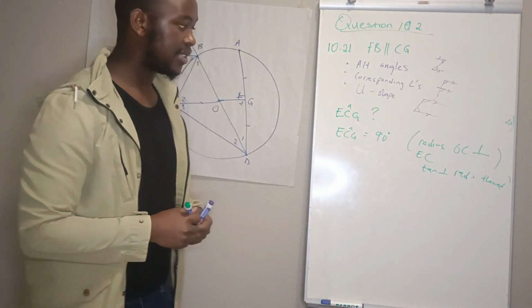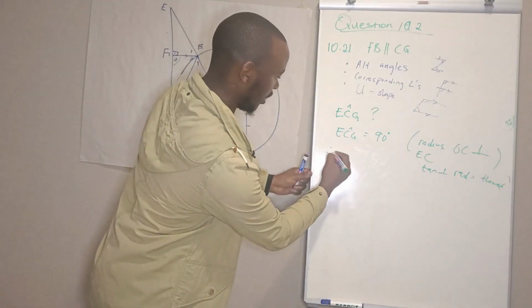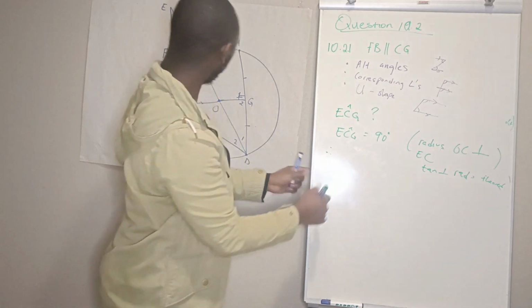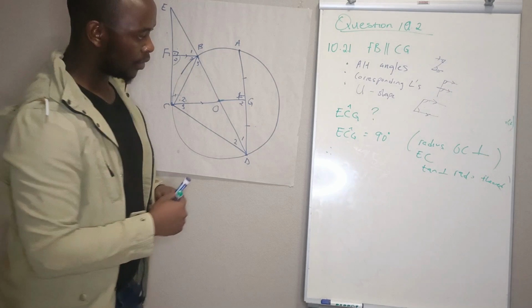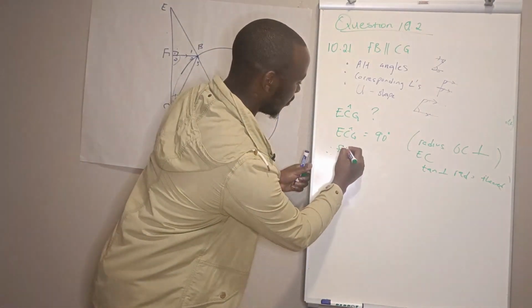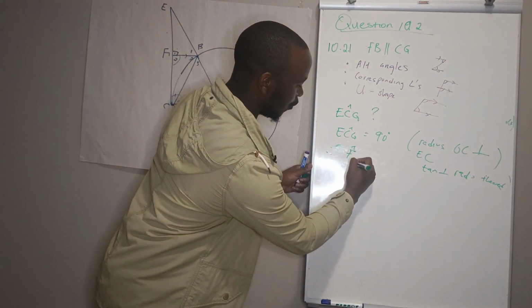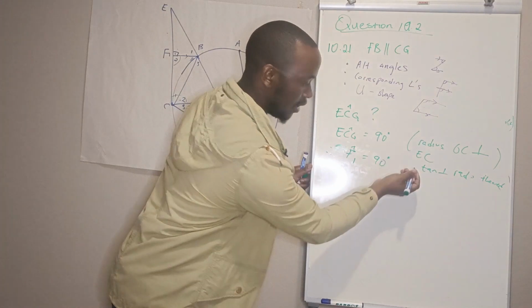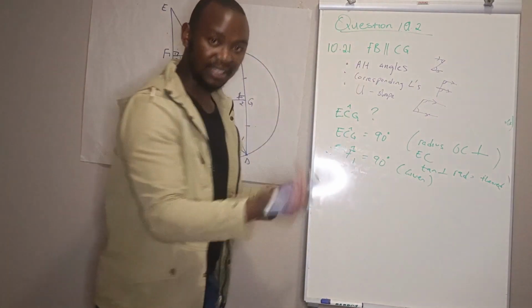So we found that ECG is 90 degrees, and we know F1 is equal to 90 degrees, this is given. Or you can firstly state that angle F1 is equal to 90 degrees, and the reason here is that it's given. That angle is given to us.